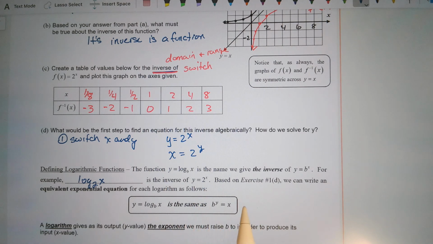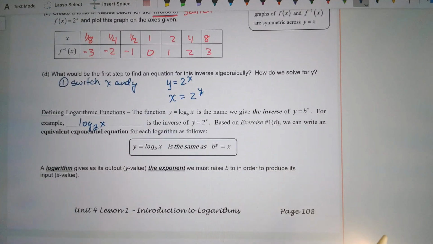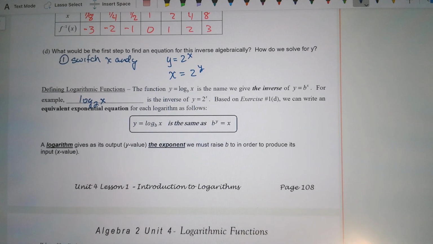Based on the exercise in number 1D, we can write the equivalent exponential equation for each logarithm as follows: y equals log base b of x is the same as b to the y equals x. Looks confusing, but we'll sort this out on the next page.